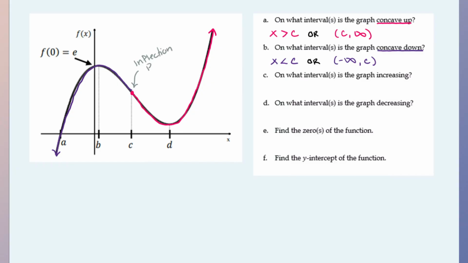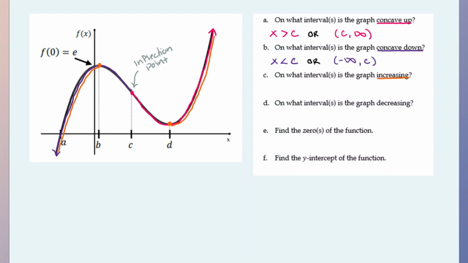Next thing we want to look at is our increasing and decreasing. This is what's happening with our Y values, so that is where we're going to look. For increasing, I'm looking at that max point of B. As we go left to right, what's happening with the Y values? It's increasing up until B, and then at that minimum of D, it's also increasing as we go left to right.